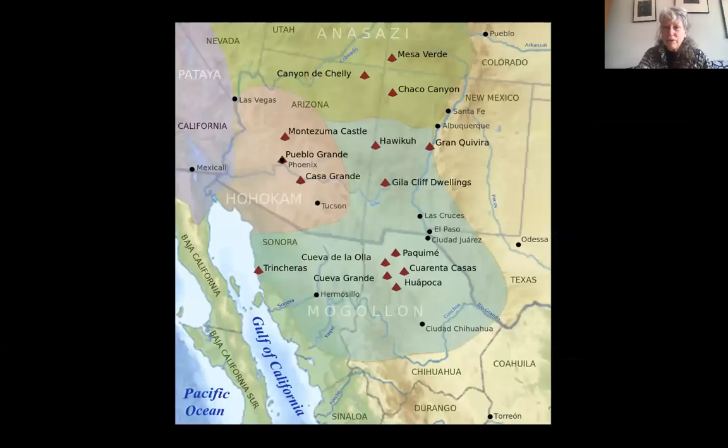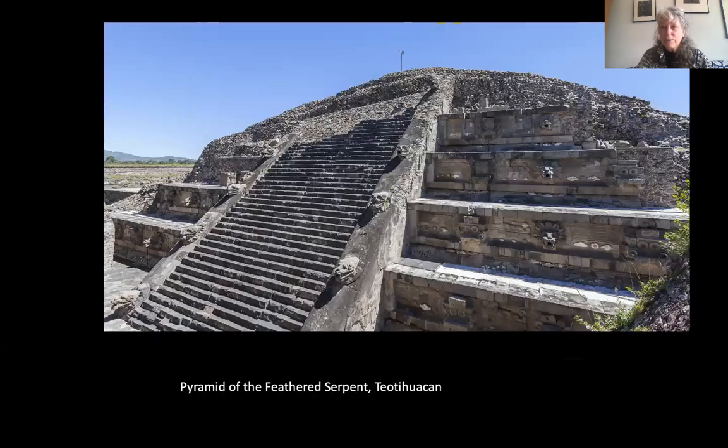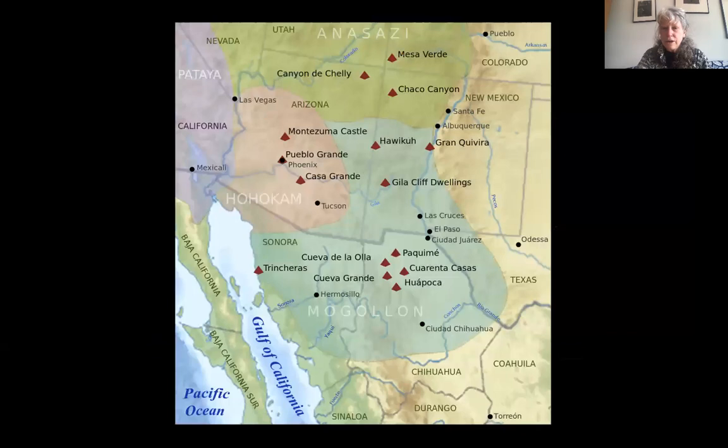Okay, so now this is kind of terrible, but we're leaving Teotihuacan, which is a very interesting site that I could talk about probably for another hour, but in the interest of covering some other things, I'm going to go back to North America now, to what's called the Four Corners area of Colorado, New Mexico, Arizona, and Utah.